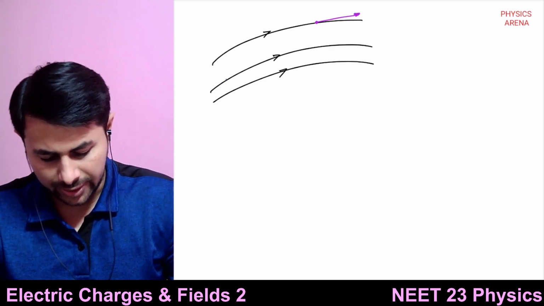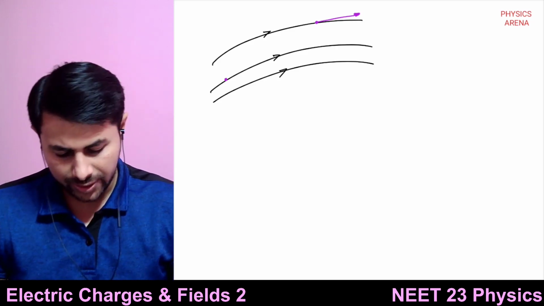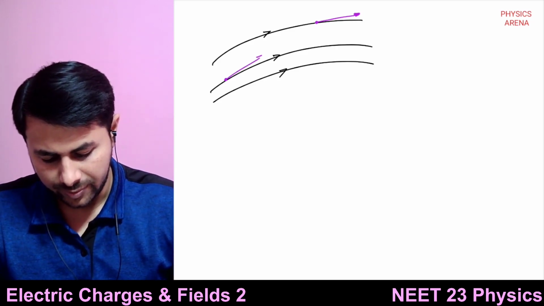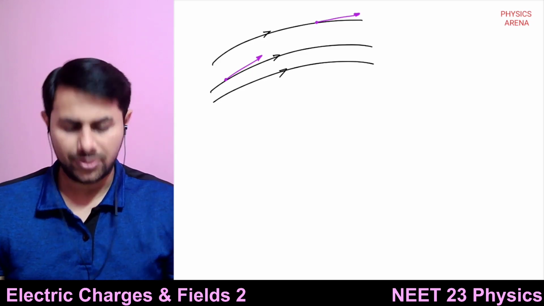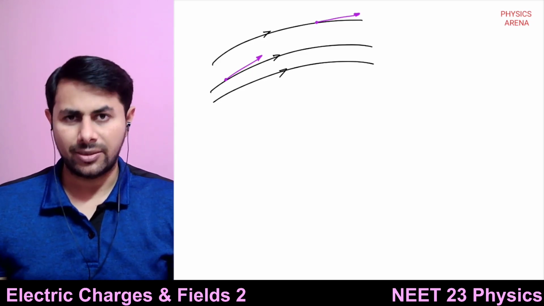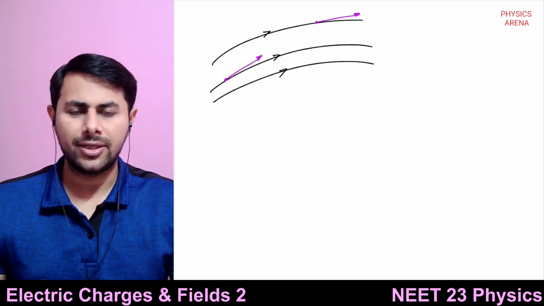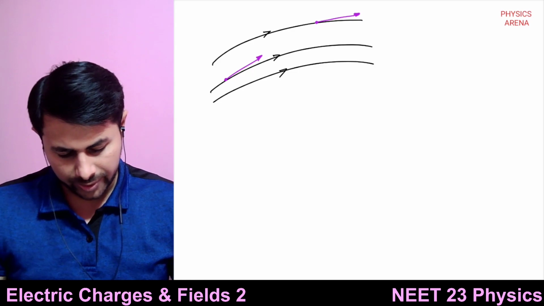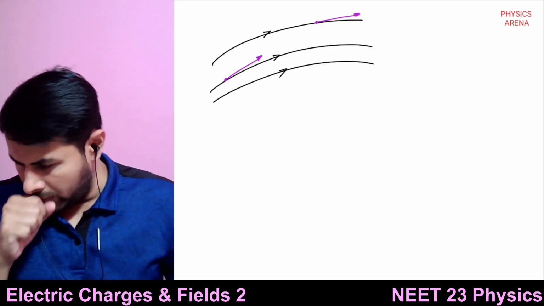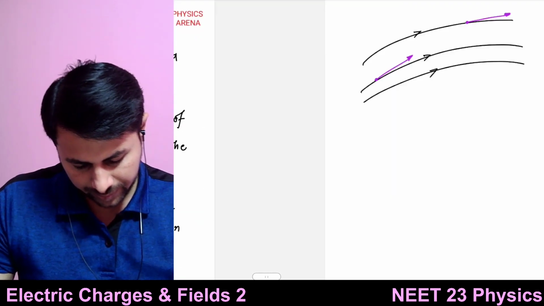If I want the electric field at this point, I will draw a tangent at this point. So electric field at this point is directed like this. So a tangent drawn to the electric field lines at any point gives the direction of electric field at that point. That's another property.